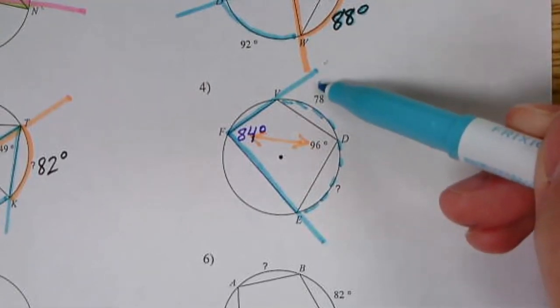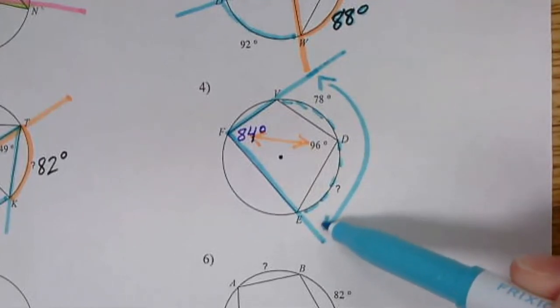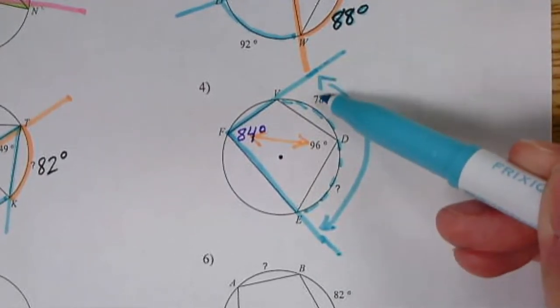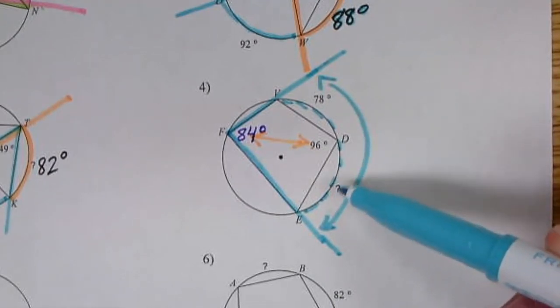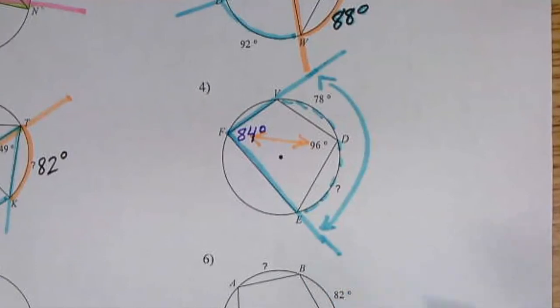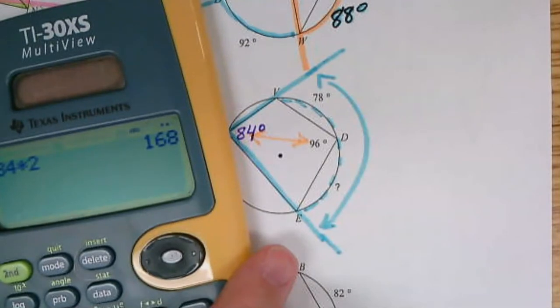So if I can figure out what this entire arc is, all the way across, then I could subtract the 78 and know what this missing arc is. And I can. The inscribed angle is 84. That means the arc has got to be twice as big as that because the angle is half the arc. So 84 times 2 gives me 168.